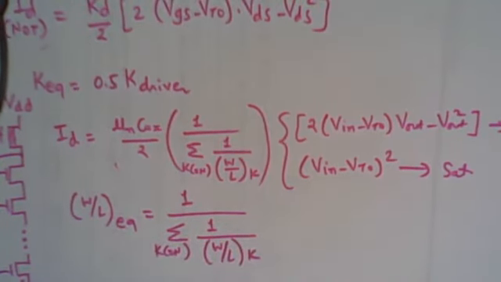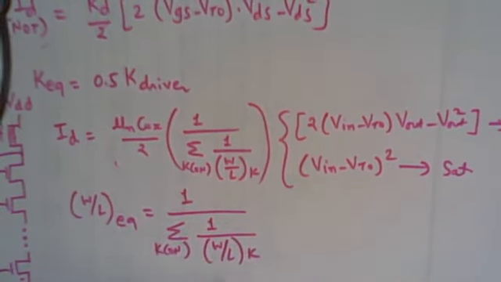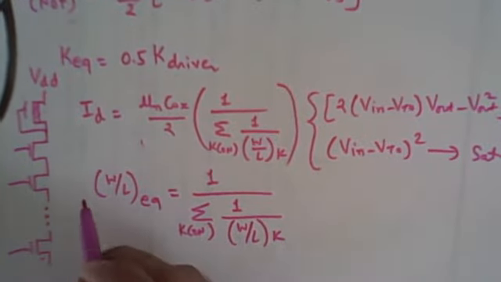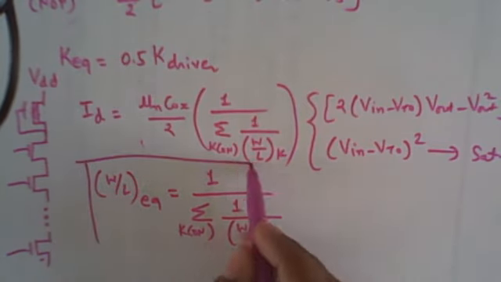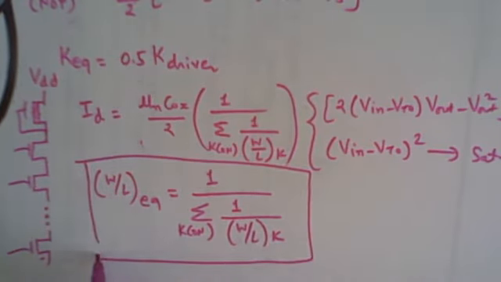So this is W upon L equivalent when we convert this structure into an equivalent inverter structure. This is very important, because we will not analyze any combinational circuit directly.